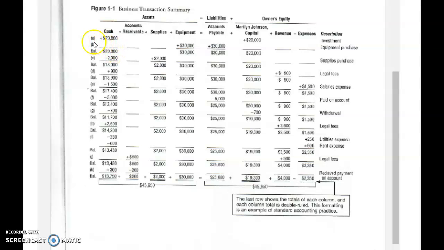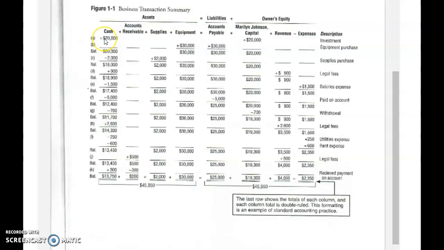So, starting out, transaction A, cash is increased $20,000 and Marilyn Johnson capital is increased $20,000. See the plus signs. And the description here is investment. So Marilyn Johnson began her business. She put $20,000 of her own money into the business.